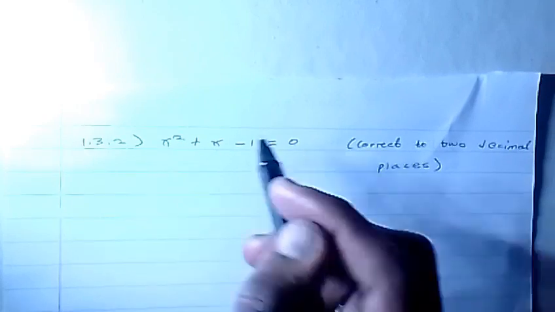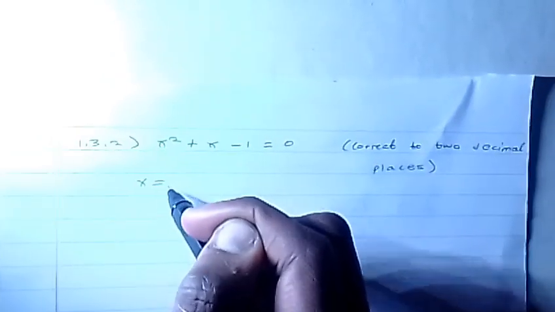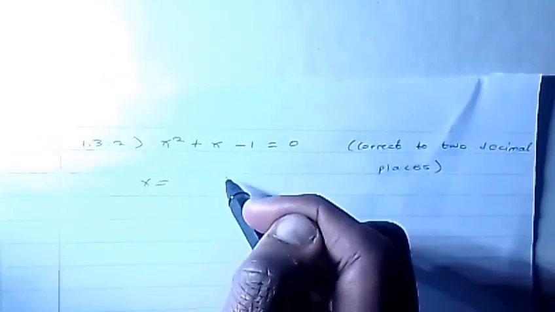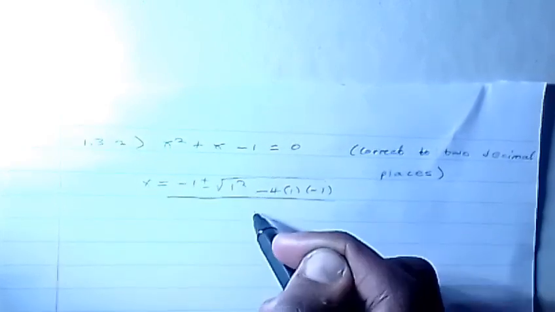After the formula, we're going to insert the values that represent the letters in the formula. So negative 1 plus or minus the square root of 1 minus 4 times 1 times negative 1, over 2 times 1. So this is the b value, since b was positive, it's negative 1.